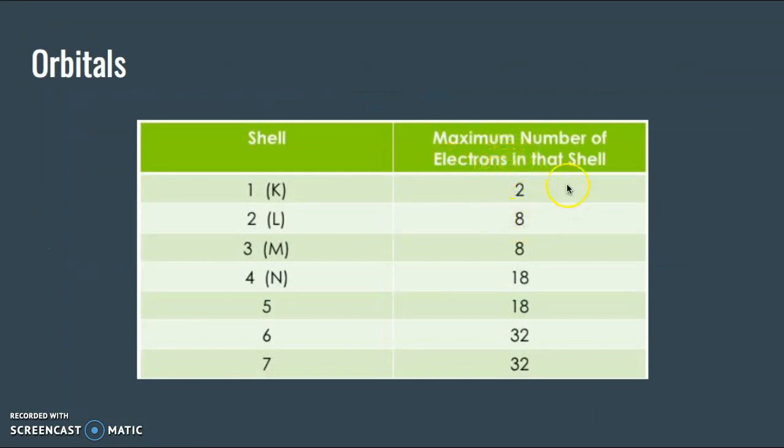And this is the maximum number of electrons in that shell. If an element has the maximum amount in that shell and no other, so for instance, if an element had in the 3 shell 8 total electrons, then that is the most stable it can be. So atoms want to be like that. They want to be in that stable state. It's ideal. So forming ions can help it achieve that.